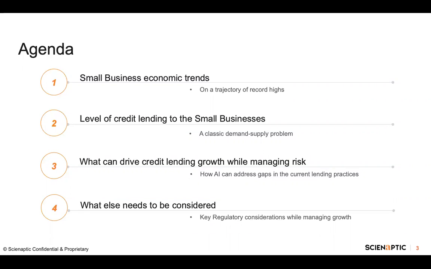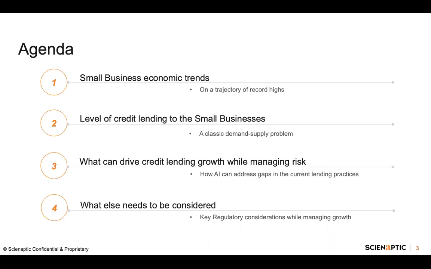Last but not the least, there are other considerations as we put our pedal on the gas for growth mode. So we will discuss some of the key regulatory considerations specifically as they relate to SMB lending. So that'll be a broad charter for today. And as I said, we'll appreciate it if you can hold back your questions till we cover all these four sections, and we'll address each one of them individually through the chat window.